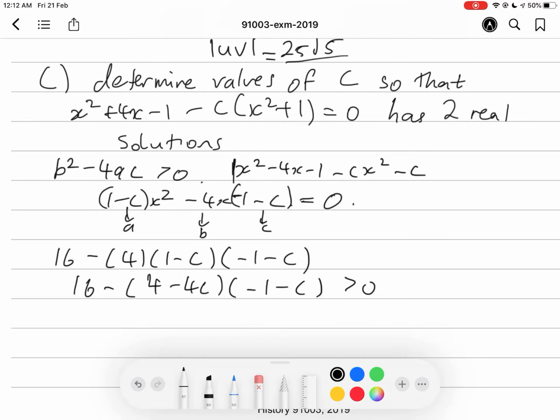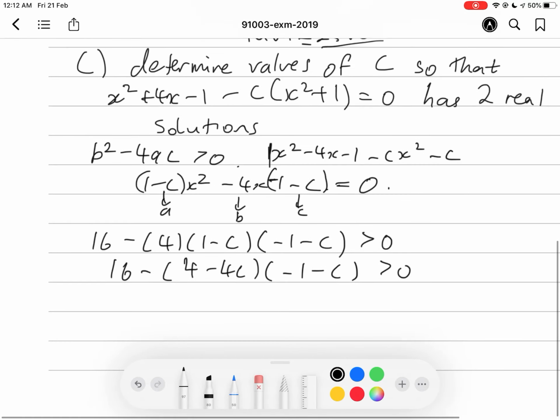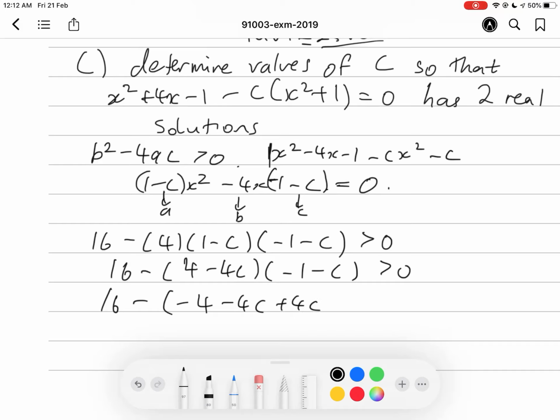And that must be greater than 0. So if we simplify further, expanding it out, we'll just have 4 times negative 1 is negative 4, 4 times negative c is negative 4c, negative 4c times 1 is plus 4c, and negative 4c times negative c is negative 4c squared.